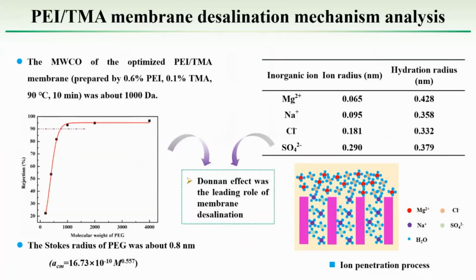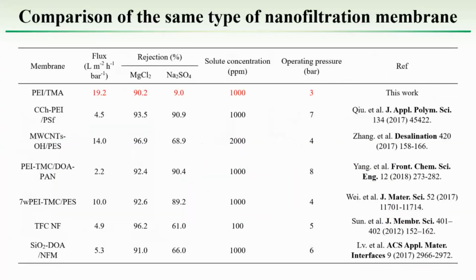Therefore, under the condition of maintaining high separation, the loose membrane pores increased the permeate flux. Compared with similar products, the PEI-TMA membrane in this work had obvious advantages in basic performance, namely high rejection, high flux, and low operating pressure.